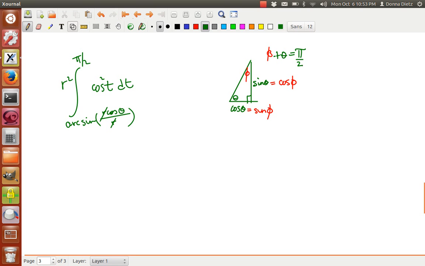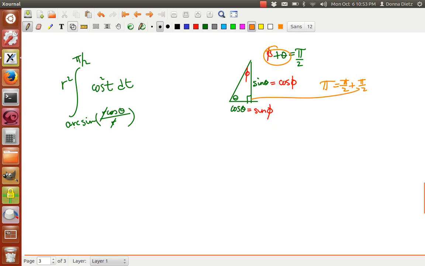Because 180 degrees in a triangle, or pi, is equal to this guy, which is pi over 2, plus the other pi over 2, which is these angles over here. Okay? So that's what it means to be complementary angles.